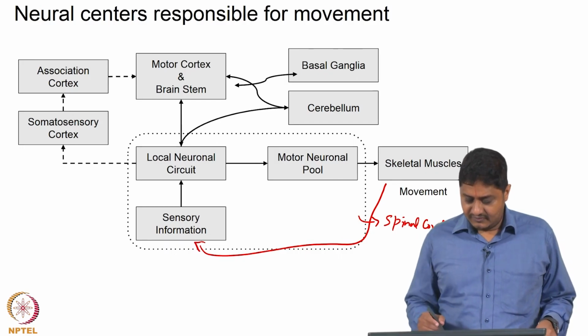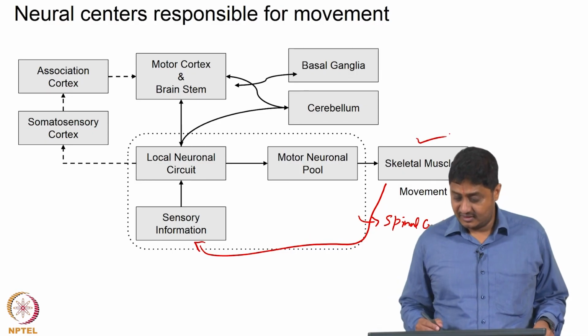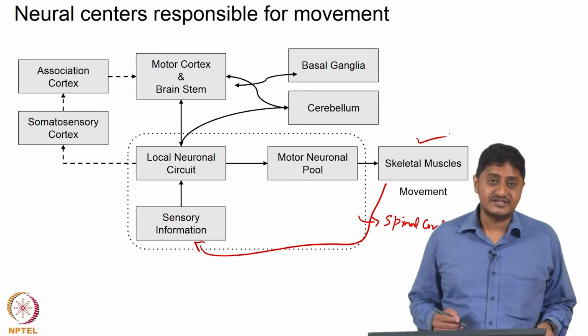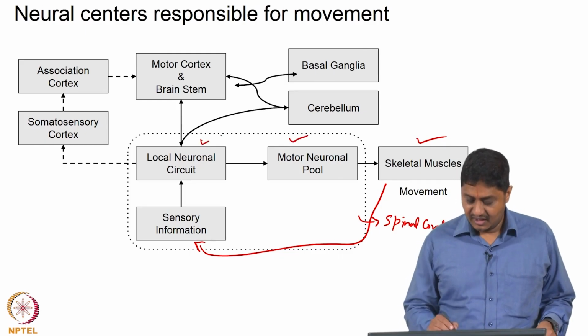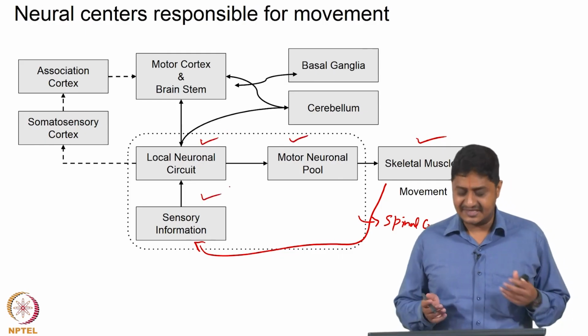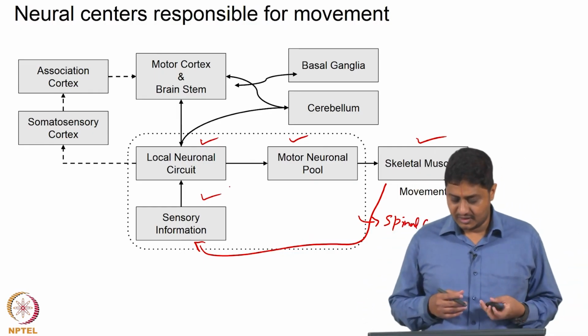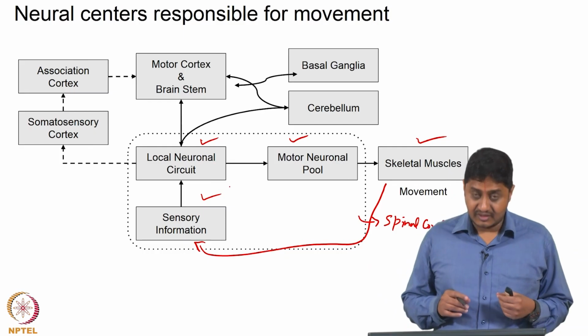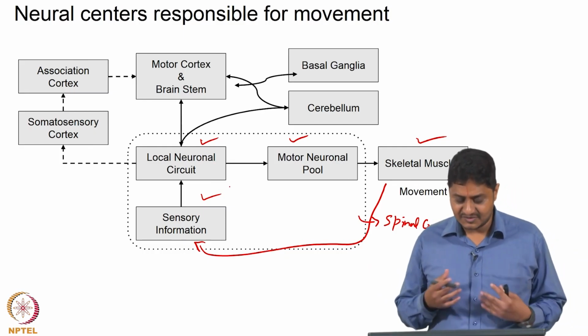We have discussed the skeletal muscle physiology and how movements are generated. We have discussed the connectivity within the spinal cord, excitation and inhibition, how alpha motor neurons get excited, how they may be inhibited, and how sensory information causes alpha motor neurons to fire or get inhibited as the case may be.